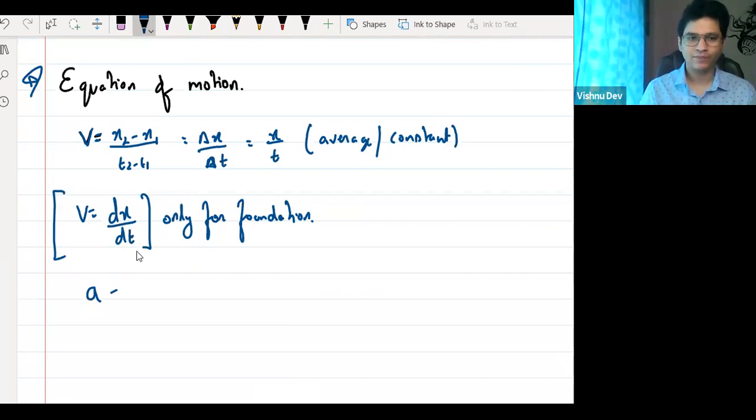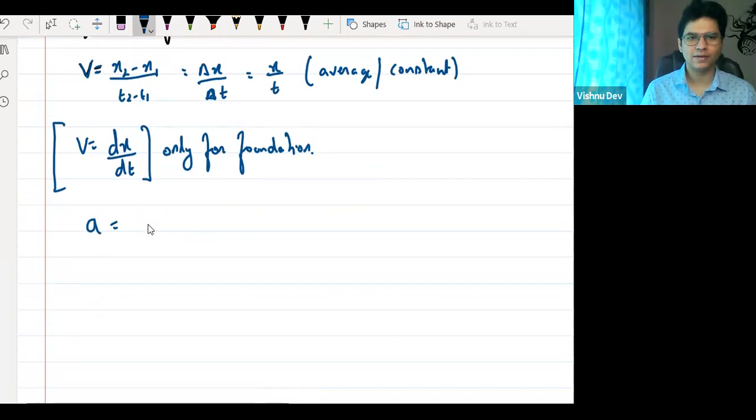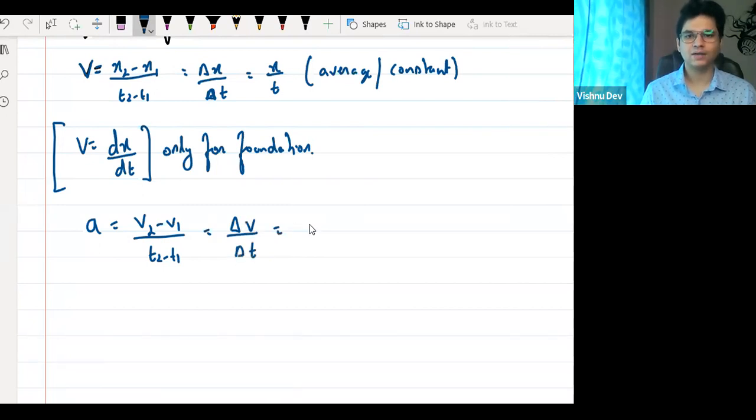So it is the same, it is v2 minus v1 by t2 minus t1, which is delta v by delta t, or I can just write it as v minus u by t. ठीक है, ये जनरली हम यूज करते हैं ना, v minus u by t.